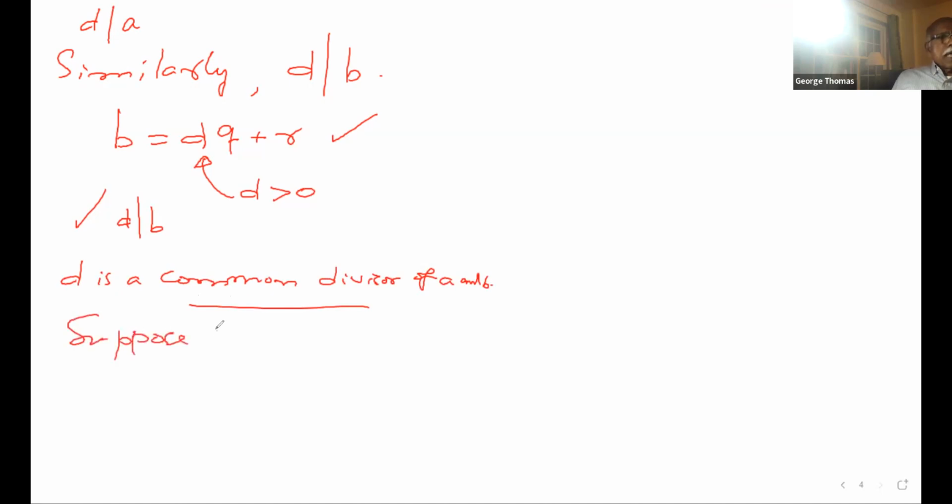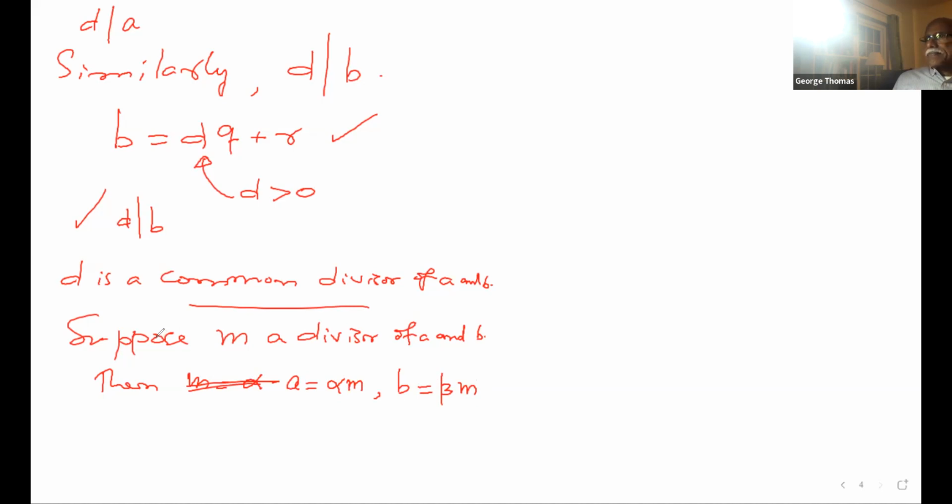Suppose M is a divisor of A and B. Then A equals some alpha M, and B equals some beta M. Right?